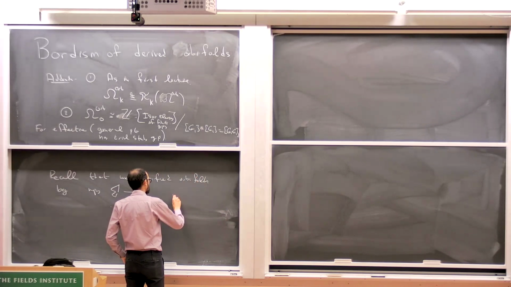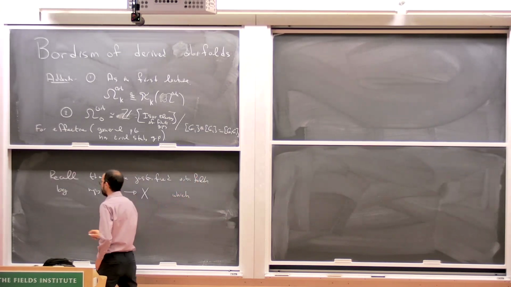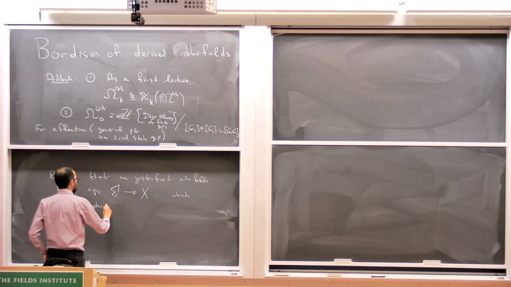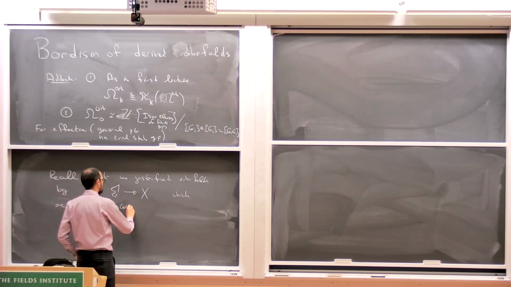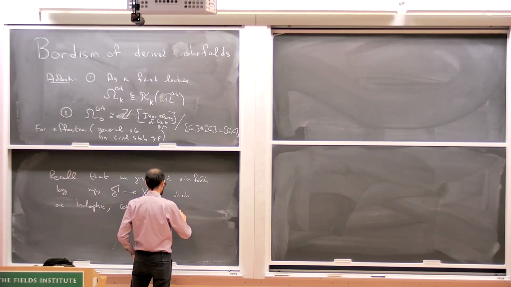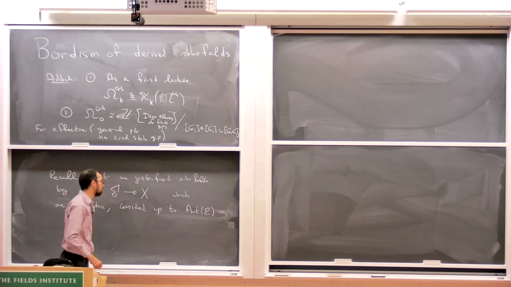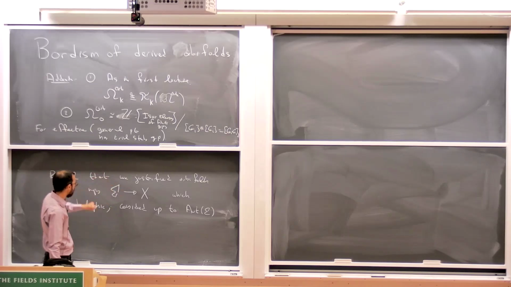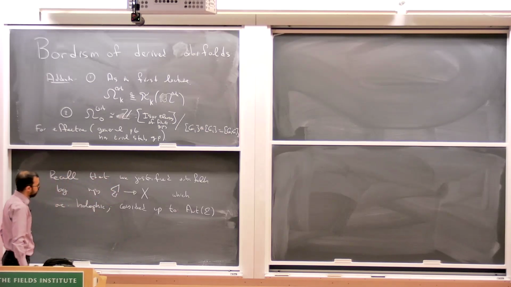So that we should consider maps up to automorphism. And the reason that you don't do things equivariantly is because you really have to let the modulus vary.